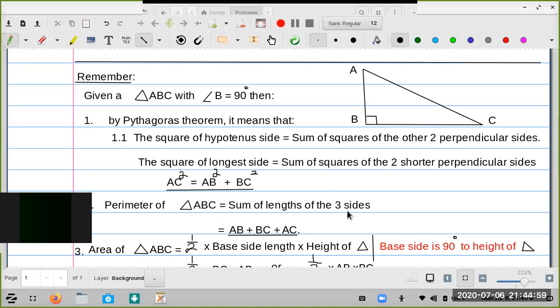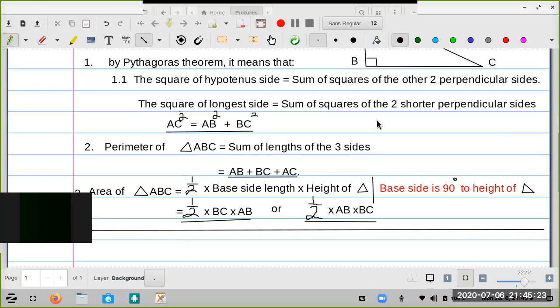You just add those sides, which means according to the triangle we are given, first side AB plus side BC plus side AC. This is the perimeter. So it's the distance right around the shape, right? This is just a reminder. Fine.